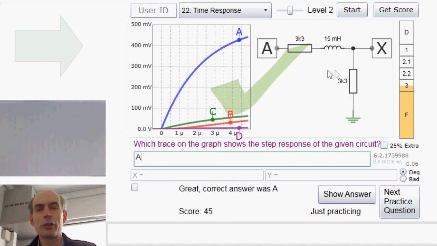The behavior of the circuit just after the step has arrived at the input can be determined by treating all inductors as open circuits and capacitors as short circuits, and the behavior a long time after the step has been introduced can be calculated by assuming that the inductors in their steady state are short circuits, they have no voltage across them, and capacitors in the steady state are open circuits, they have no current flowing through them.